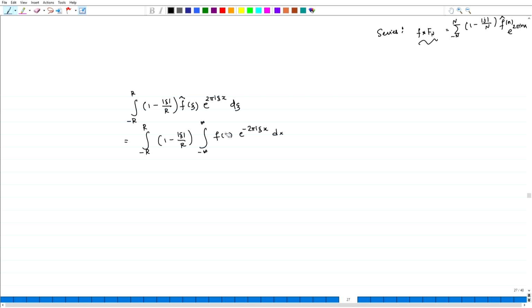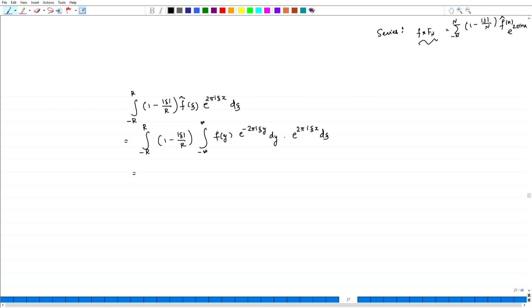There are two x symbols, so we will take this out and put y, f of y, e to the power minus 2 pi i xi y dy, and e to the power 2 pi i xi x d xi.